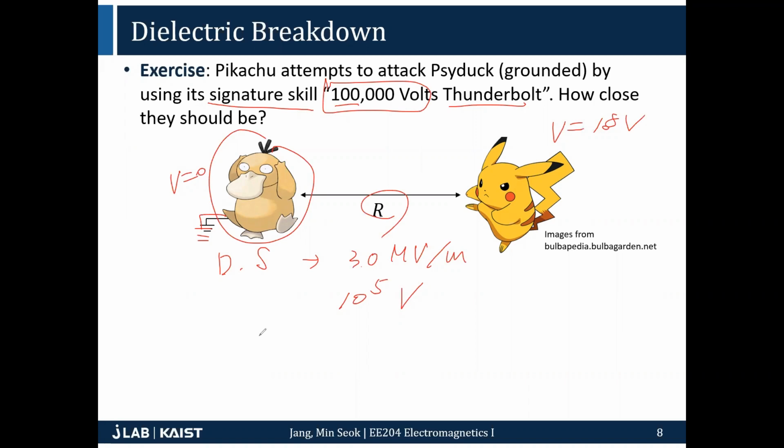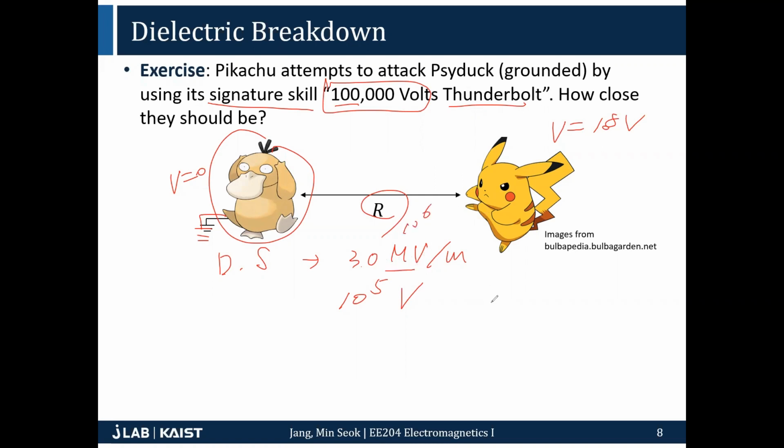Can you tell me the answer, like in the chat box? How close must they be in order to create lightning, or in order to induce dielectric breakdown? So mega is 10 to the 6, right?